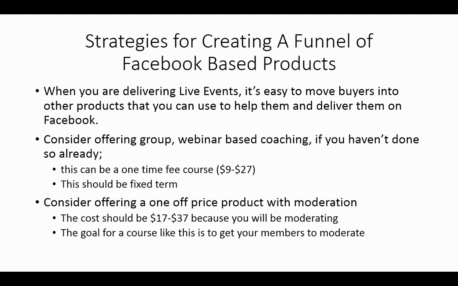So it's almost as if you're going to recreate your funnel, except that you want to have that funnel deliverable to people on Facebook, so they can get the same content, the same kind of instruction, the same kind of interaction with you, except that they're getting it through a Facebook group, which is much easier for you to administer from the standpoint of not necessarily having a membership site, only needing to set your settings to private or closed or secret, and then being able to deliver the content by uploading it to the site.